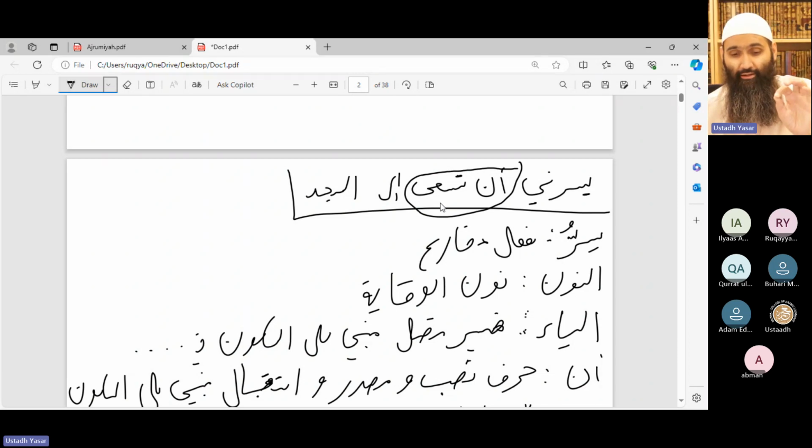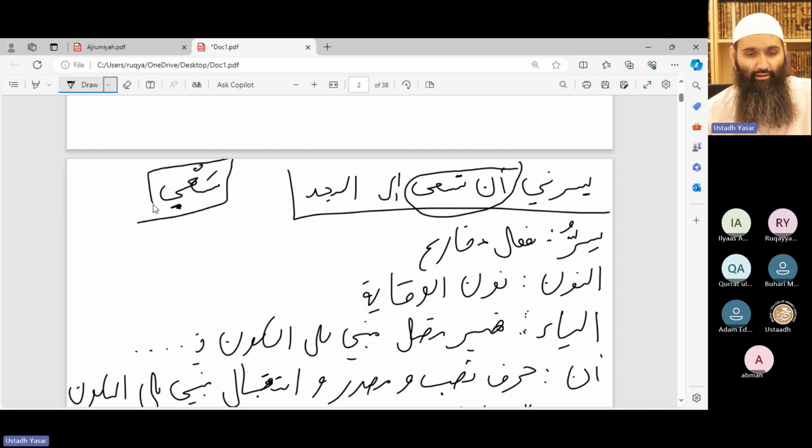Masdar of this fi'l. What's the masdar of sa'a yas'a? Sa'i. I mean, you go sa'i, you do umrah. Sa'yun. This is the masdar. Sa'yun. Struggle, strive. So that's why an is called harfu nasbin wa masdarin wa istiqbalin.